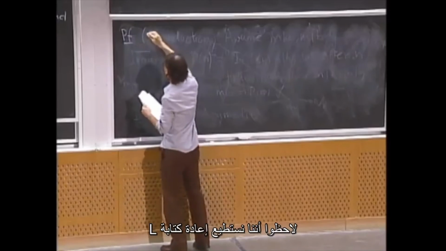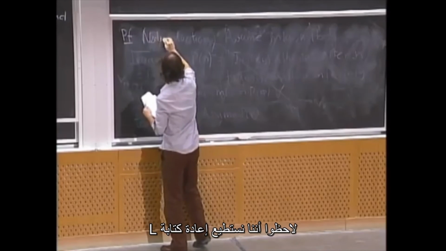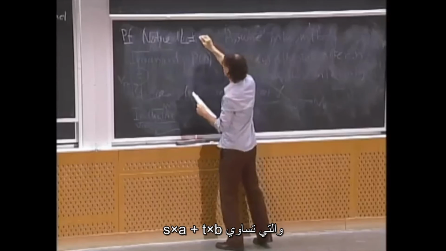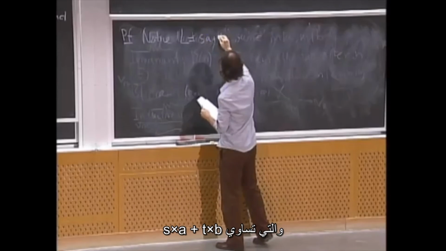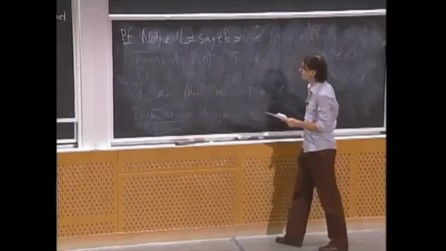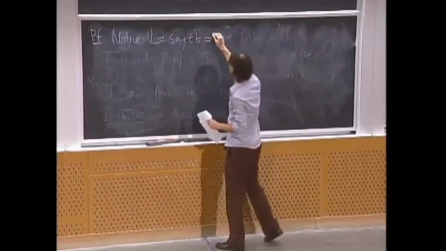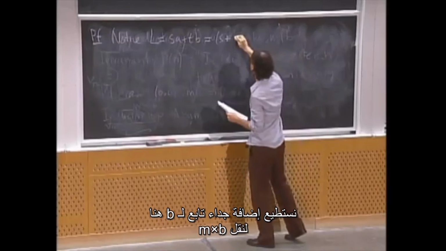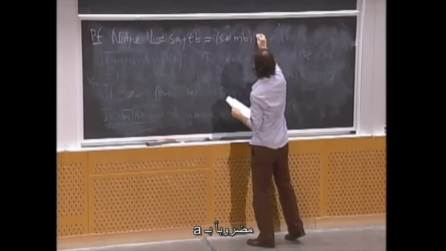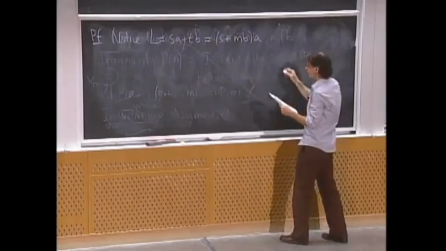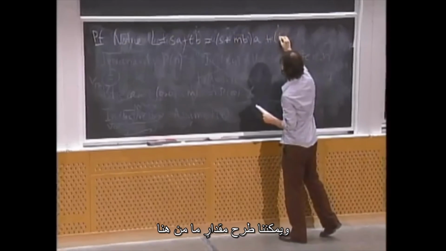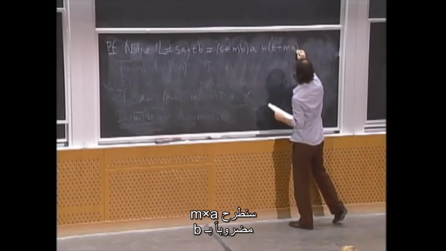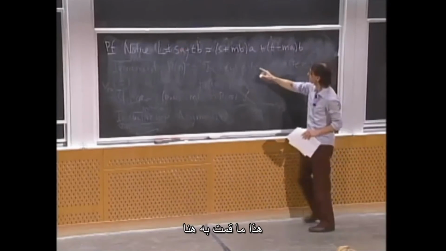Well, notice that we can rewrite L, which is equal to S times A plus T times B, as, you know, we can just add a multiple of B over here, M times B, say, times A, and we can subtract that same amount over here, minus M times A times B. So, do you see what I did over here?